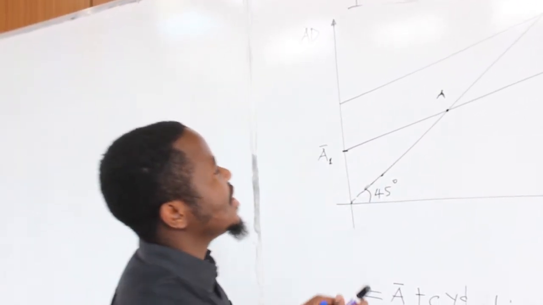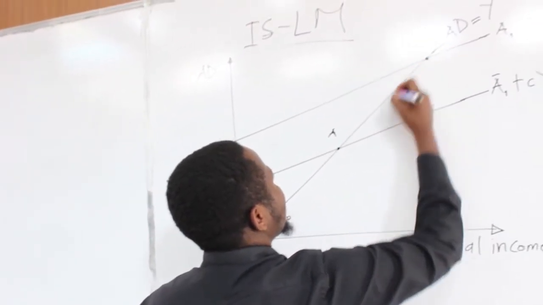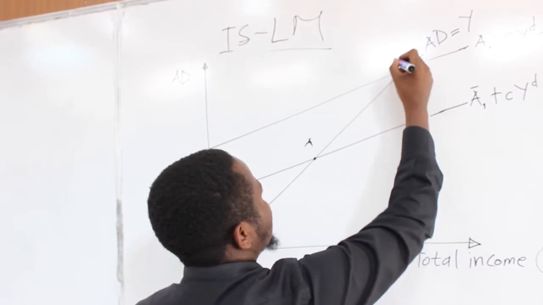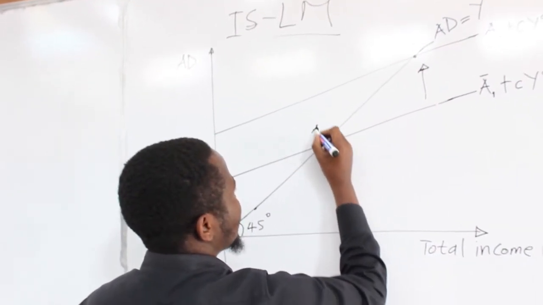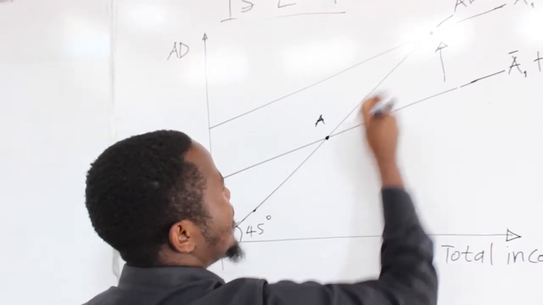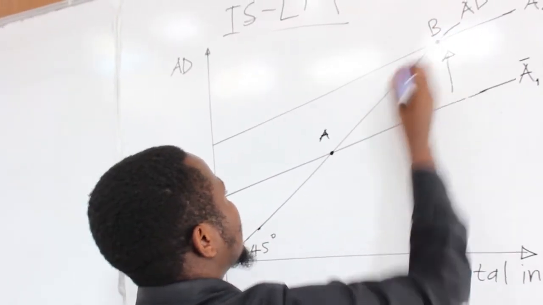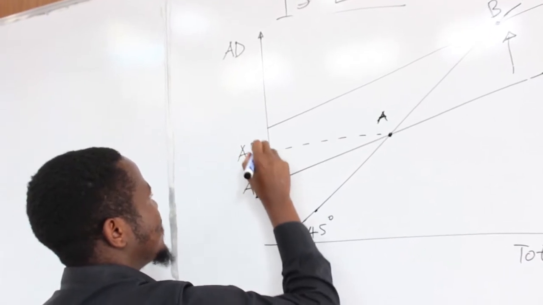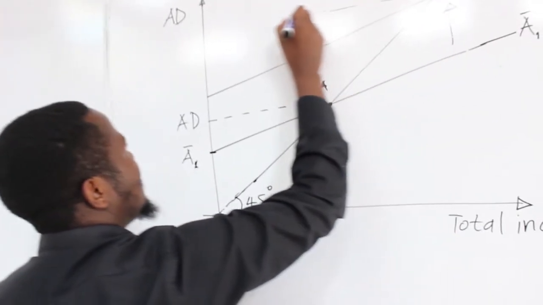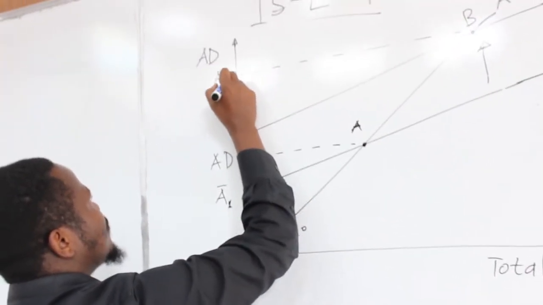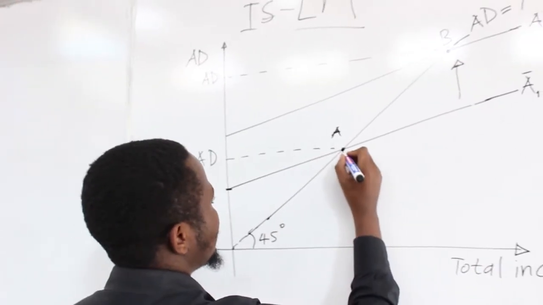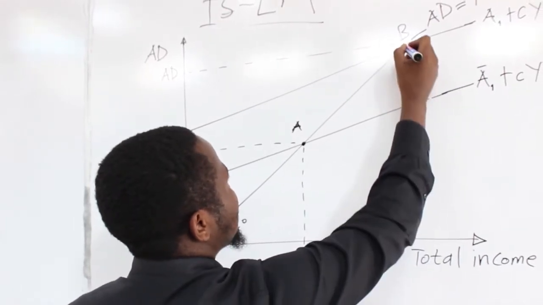And so we are showing that here by this upward shift of the total income curve, moving us from the initial equilibrium point of A to B, where that will also come with an increase in aggregate demand.